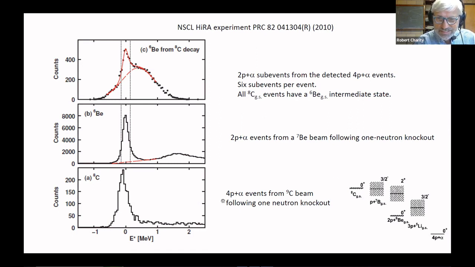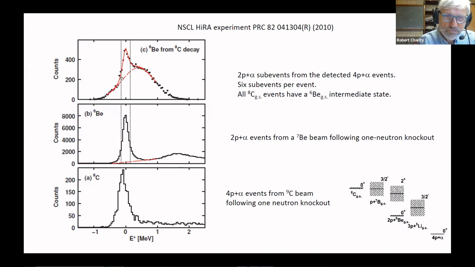So 2 of the 4 protons, if the decay went through this path, would be from the decay of beryllium-6. Well, there are 6 ways of subdividing the 4 protons we measured into just 2. One of these 6 could possibly be the correct beryllium-6, but even if there's just one beryllium-6, the other 5 are incorrectly assigned to the alpha, at least for the process of making a beryllium-6.